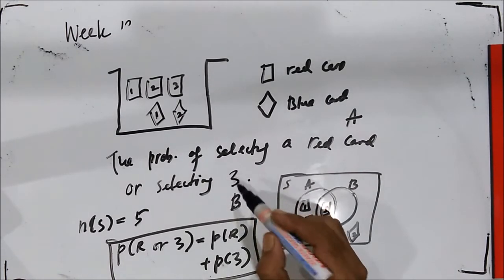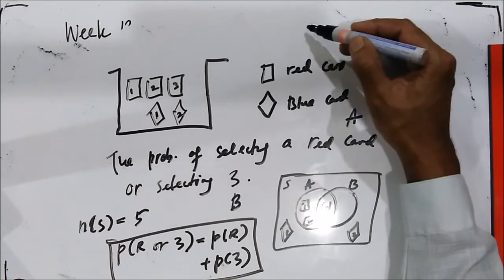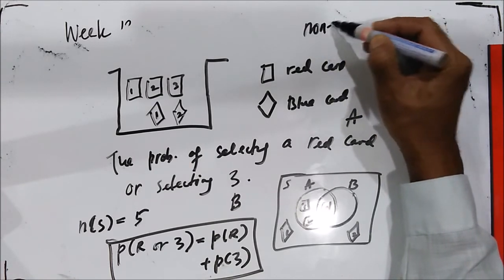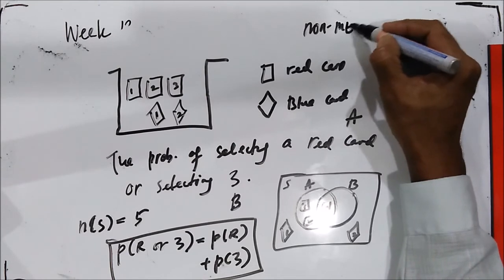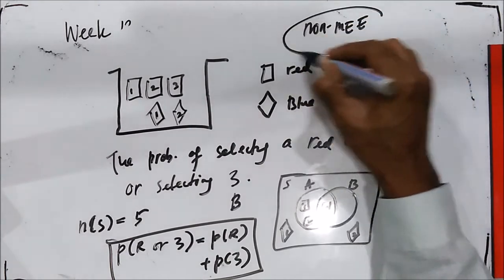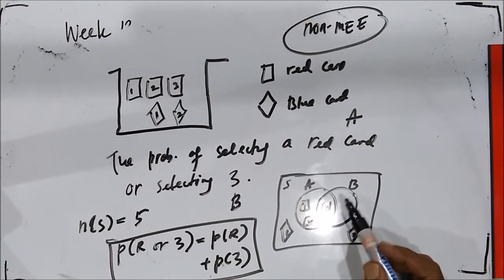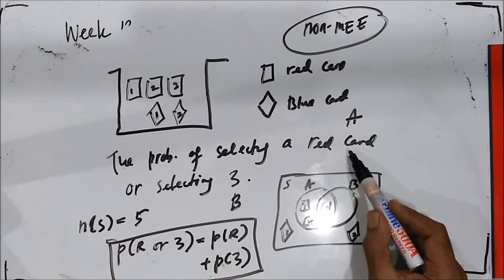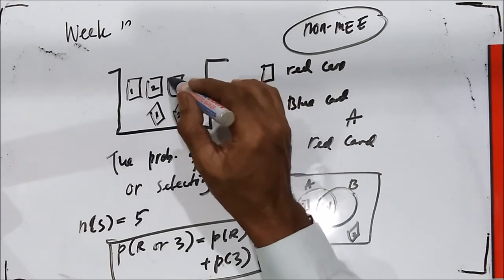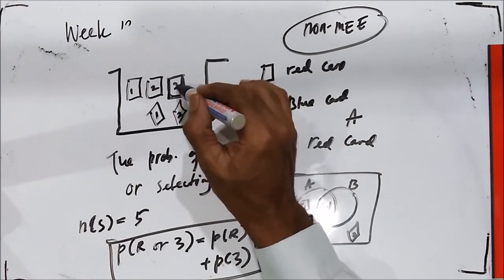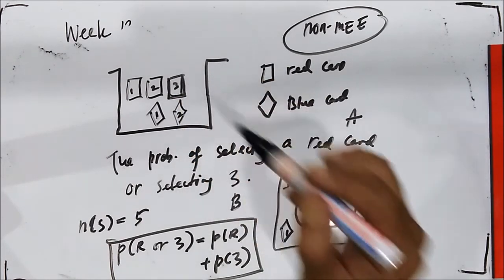But in our case here, this is a non-mutually exclusive event, because a red card and number 3 can occur together. Here the red card square and the number 3 can occur together.